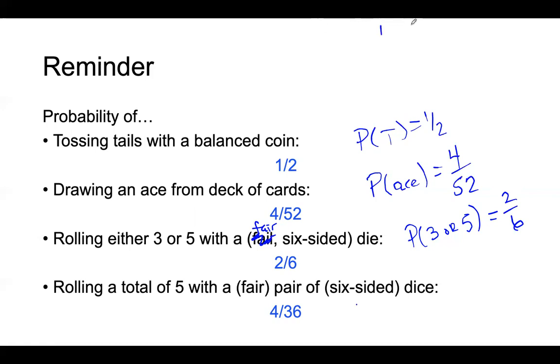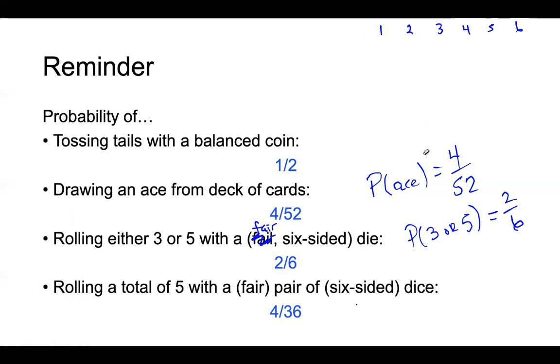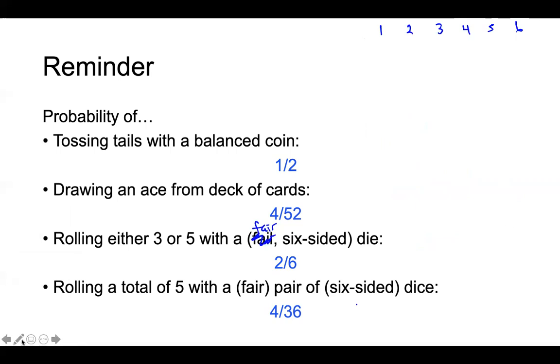So we would write 1, 2, 3, 4, 5, 6 on this side, and 1, 2, 3, 4, 5, 6 on the other. And then we sum them up, because rolling a 5 means a sum.